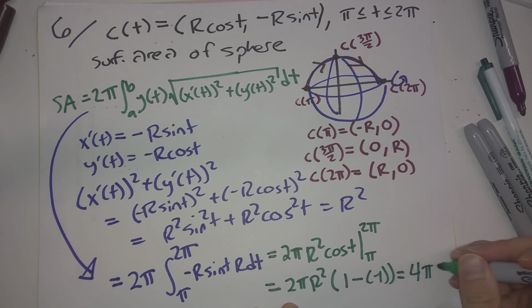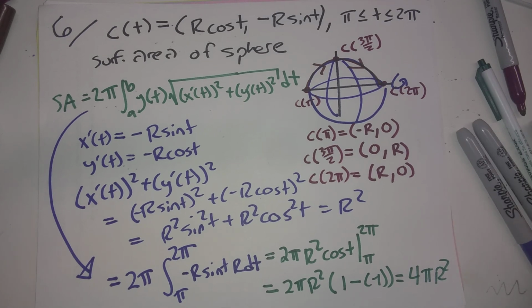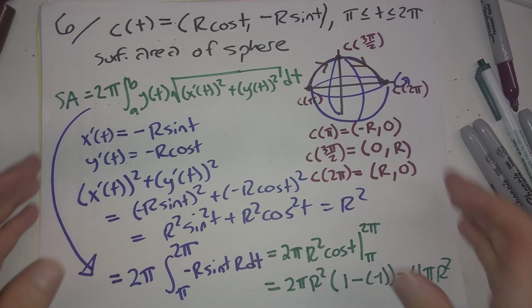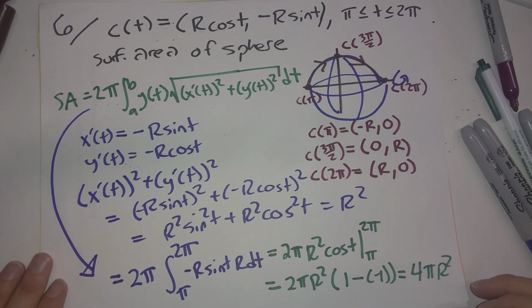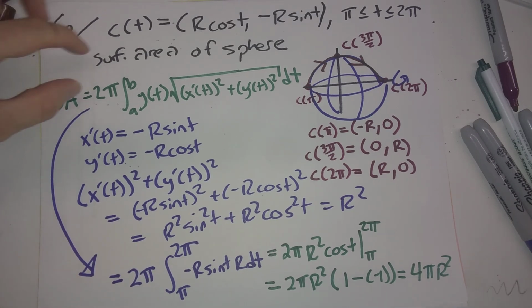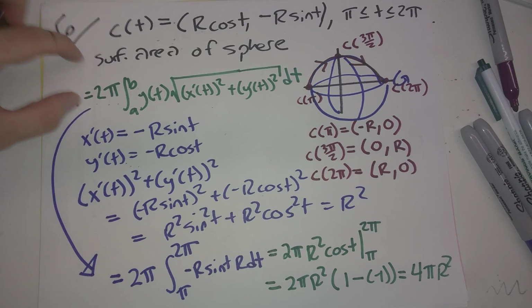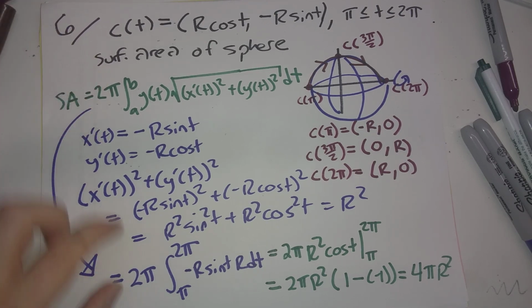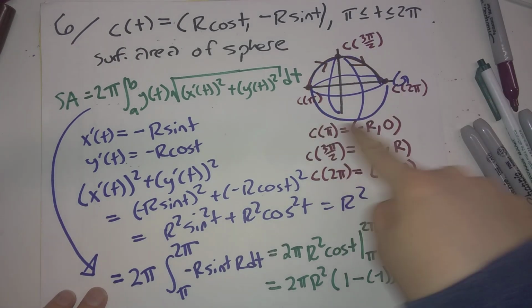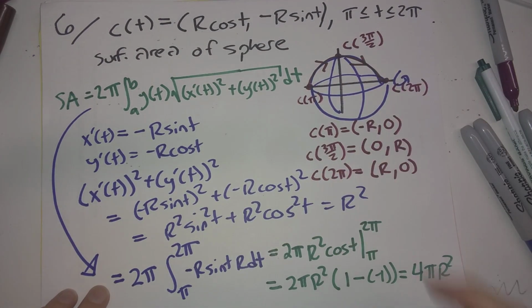So this ends up as 4 pi r squared, which is exactly what we should know the surface area of our sphere is. Okay, so a straightforward application of this formula, doing lots of crunching out stuff. Make sure you understand what's going on with this picture over here.